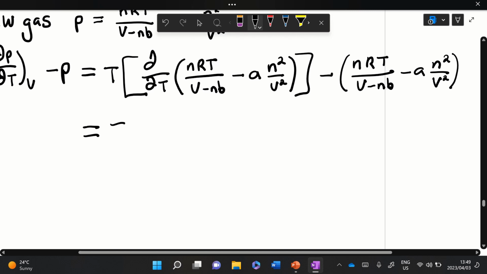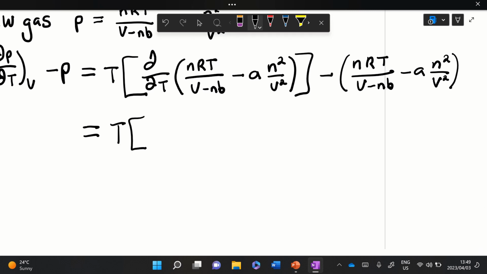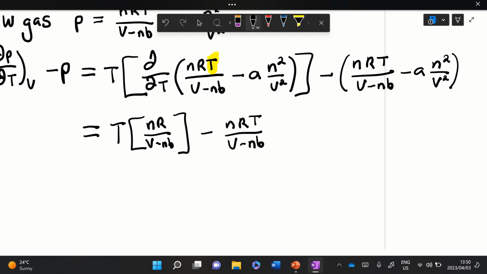Okay, what is this derivative? The derivative is only applicable to the first term because this first term has a T in it. The second term has no T in it, so its derivative is 0. So the first term becomes just nR over V minus nb, and it becomes minus nRT over V minus nb plus a n squared over V squared.